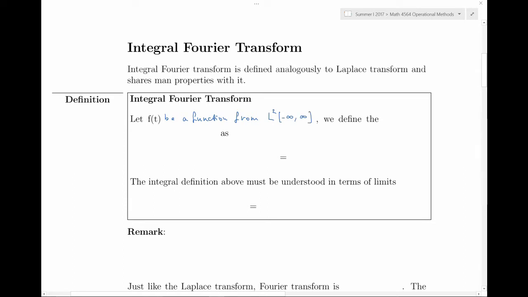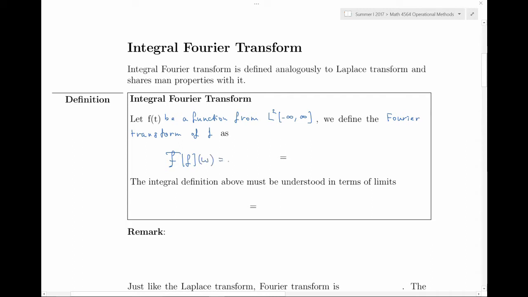We define the integral Fourier transform, or just Fourier transform, as, and there's a script letter F of f, and it's a function of omega.